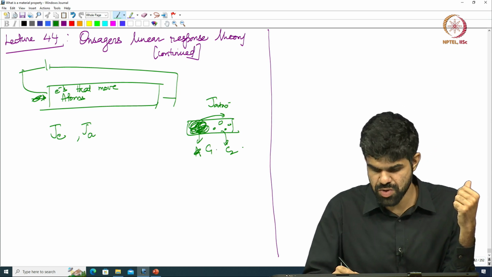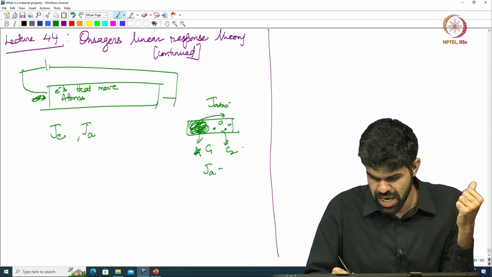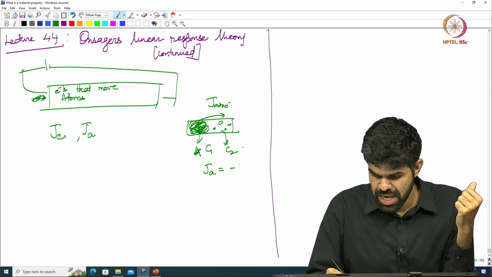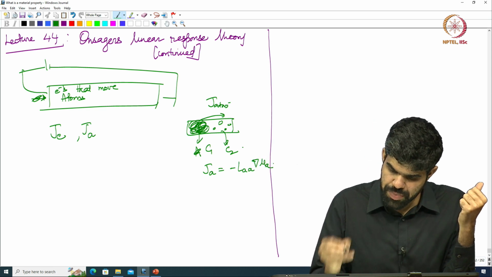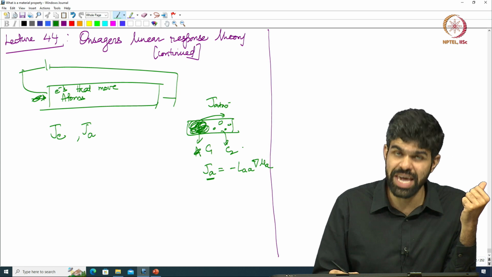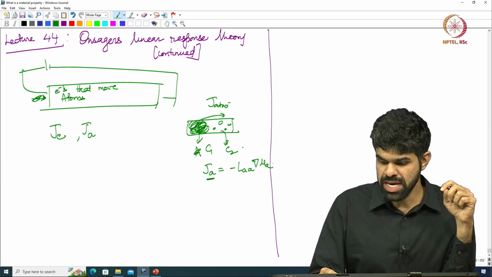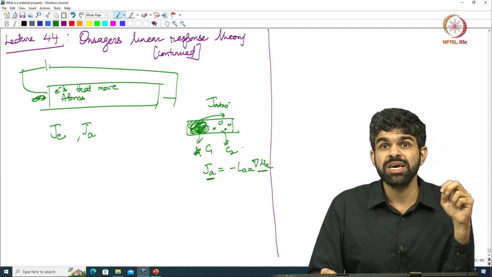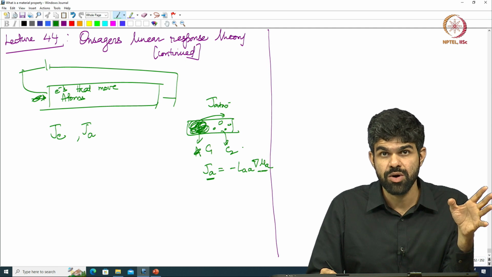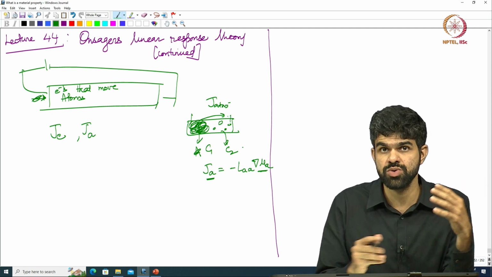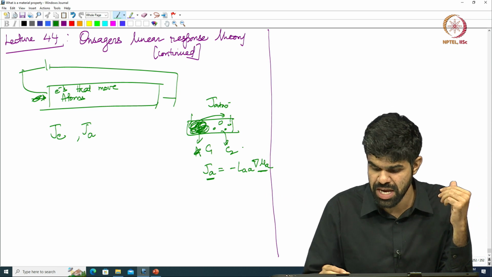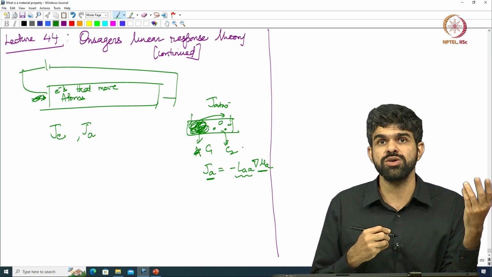So here I am just going to say J_A equals minus L_A times the gradient of mu_A. This is the flux of atom A, dependent on the chemical potential gradient of that atom between this end and this end, times some sort of an Onsager coefficient.